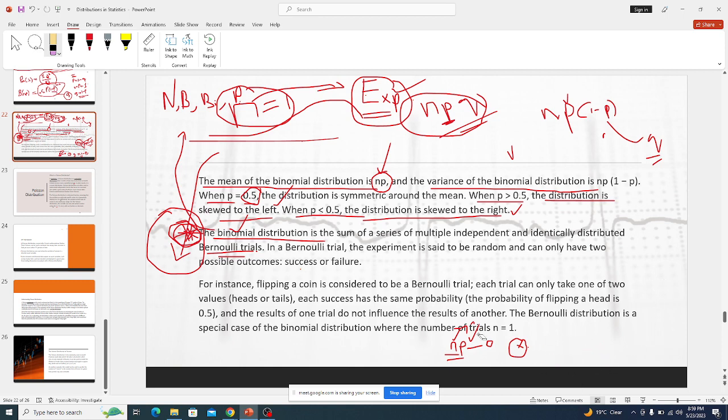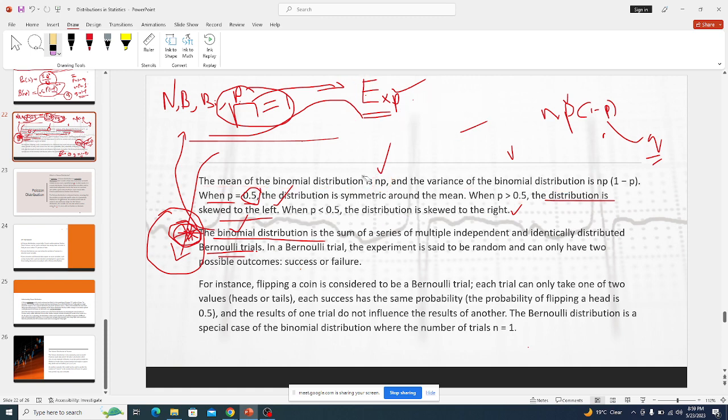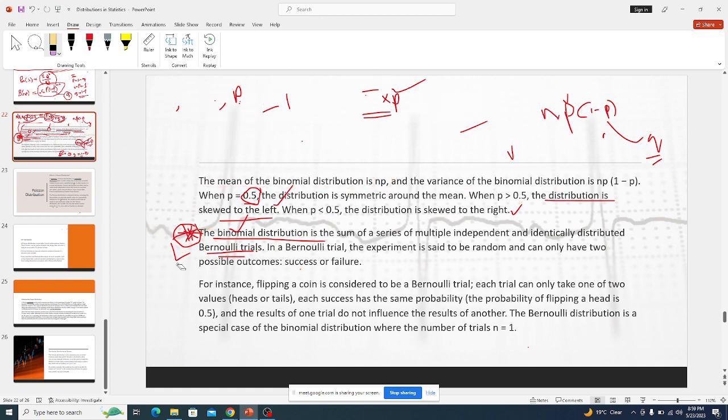We also did a formula for binomial distribution. And the formula, let me just clean this.